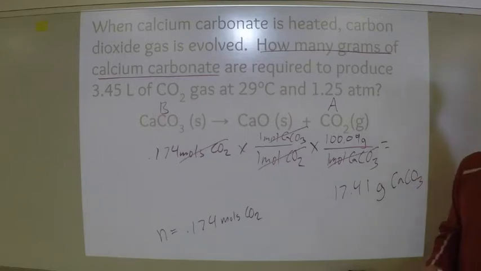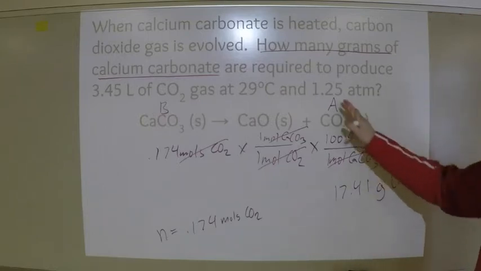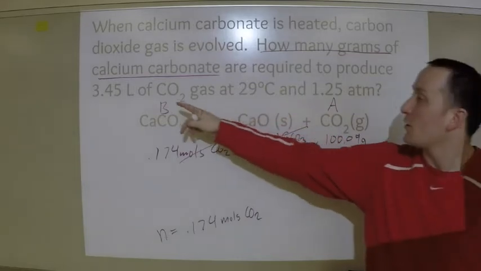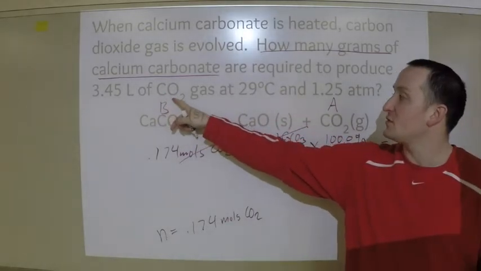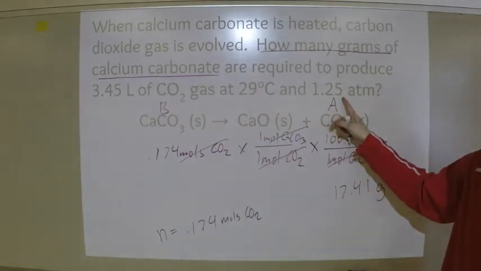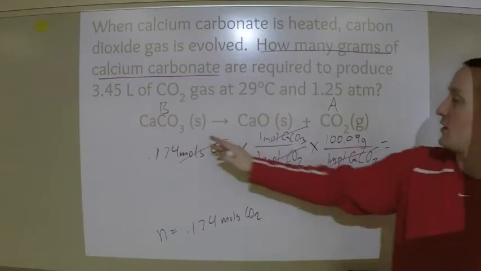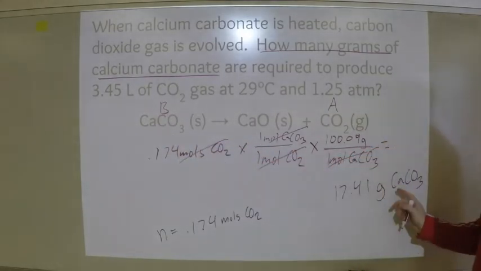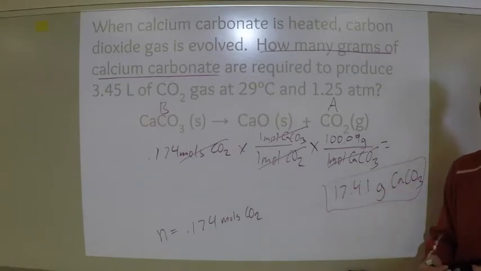So in other words, if I wanted to produce 3.45 liters of CO2 at this temperature and this pressure, I would need to start with 17.41 grams of calcium carbonate. This is my final answer. Okay?